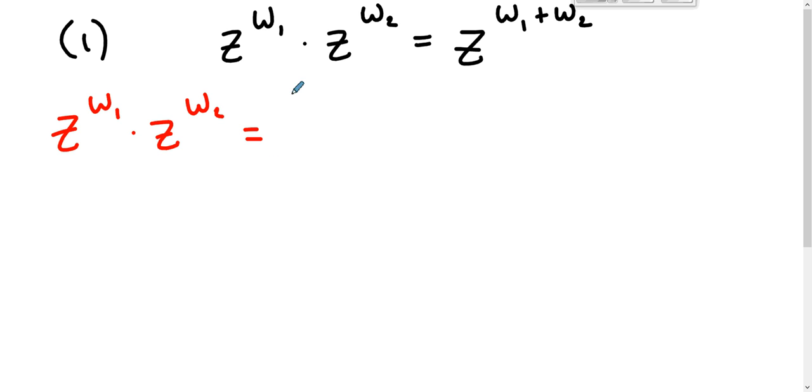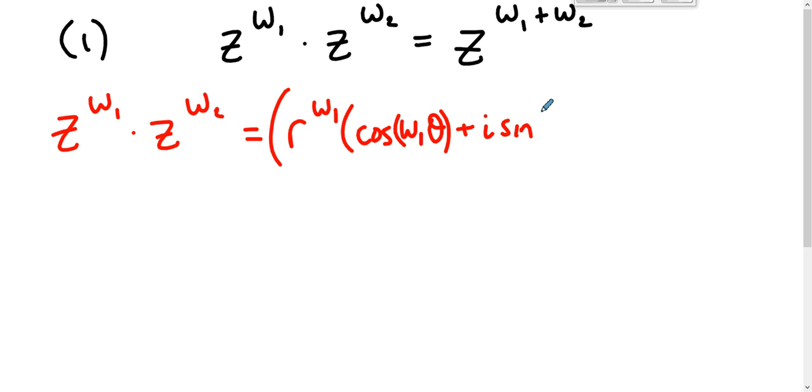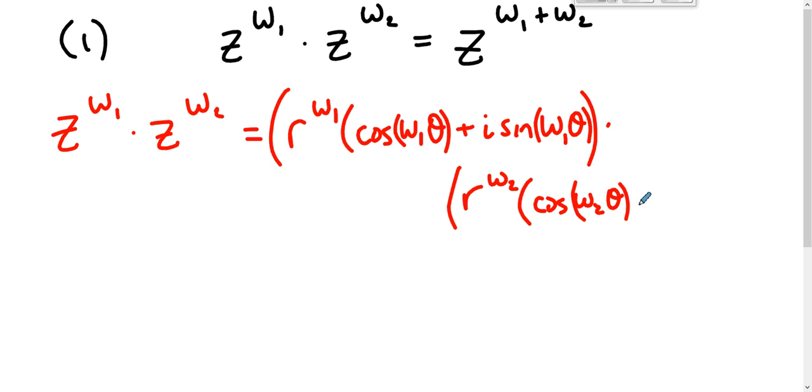We know that z to the w1 is some real number r to the w1 power times cosine of w1 theta plus i times sine of w1 theta, right? And then this is multiplied by r to the w2 cosine of w2 theta plus i sine of w2 theta, right? Like that.